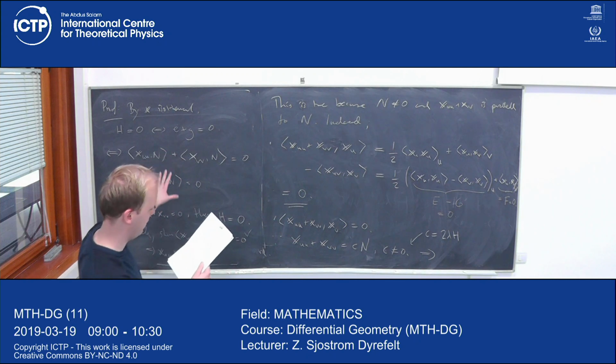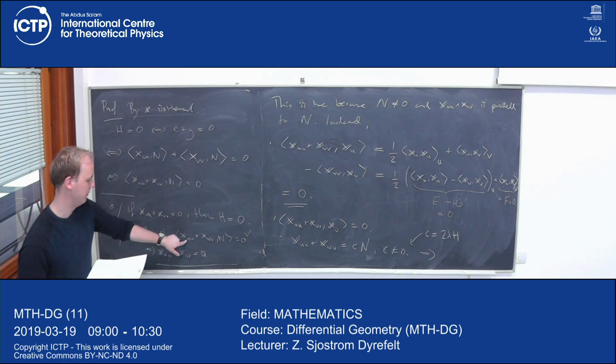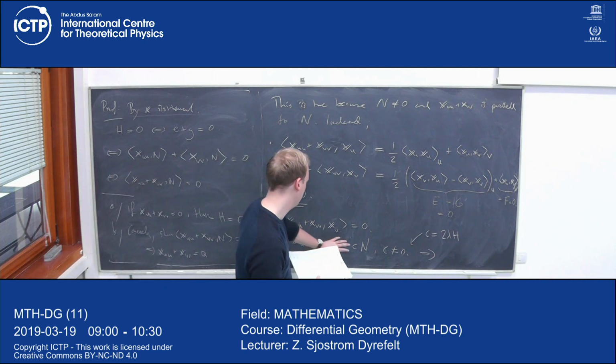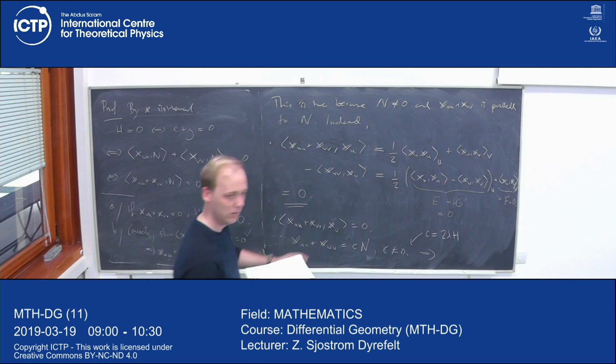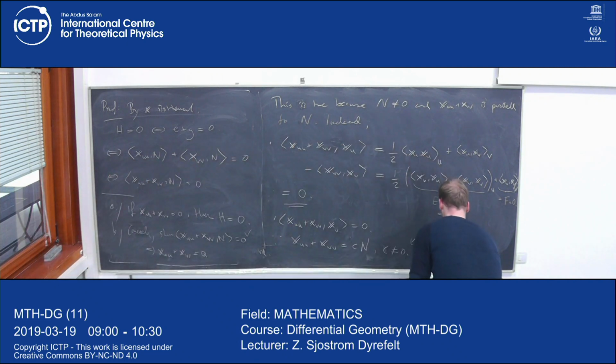in the end, what did we want to prove? We wanted to prove that h was equal to 0 if, okay. So if h was equal to 0, then this thing is equal to 0.